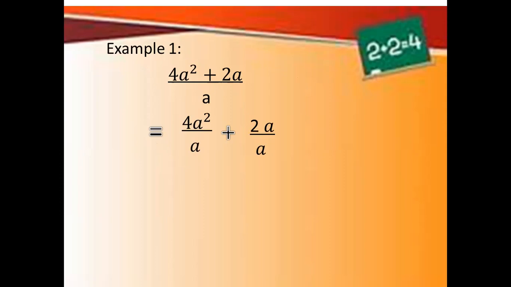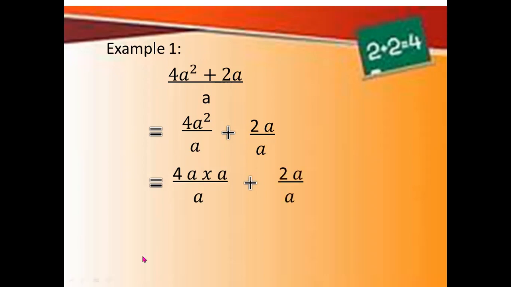Now 4a squared is just the same as having 4 times a times a. Okay, can you follow? Again, a times a, which is equal to a squared in our multiplication, divided by a, plus 2a over a.